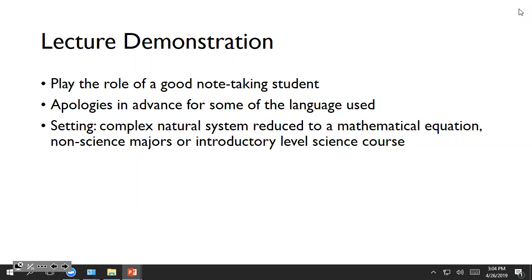It's going to be a STEM-related, a math lecture. Again, try to take notes as if you were a very good note-taking student, perhaps not even necessarily understanding everything, but you want to take those notes home and do your studying later.